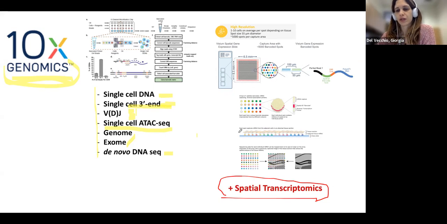And what you are going to do is label all the cells in that spot, in that area. So there can be 1 to 10 cells on average per spot, depending on the tissue. So now, thanks to this approach, you can see the transcriptome associated with that specific area in your tissue.